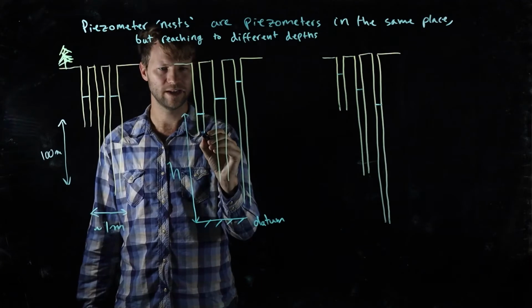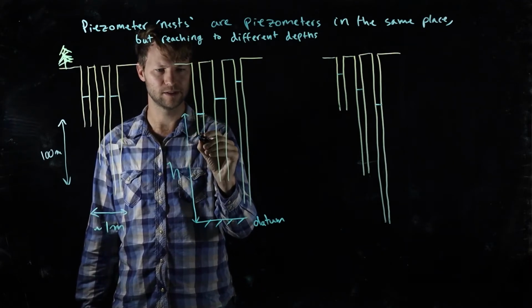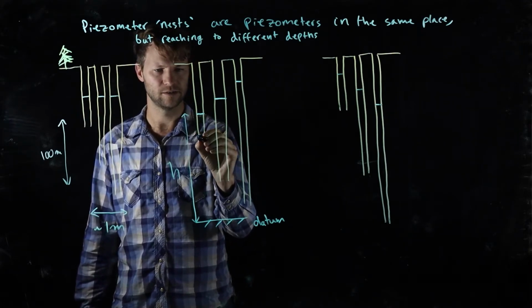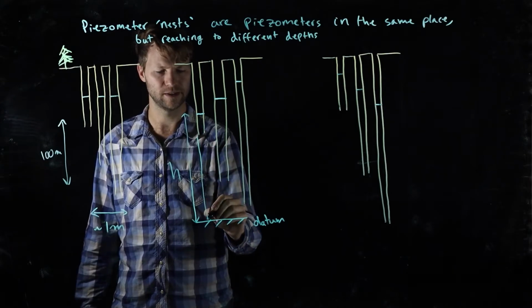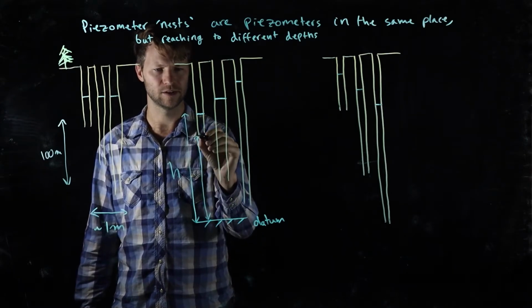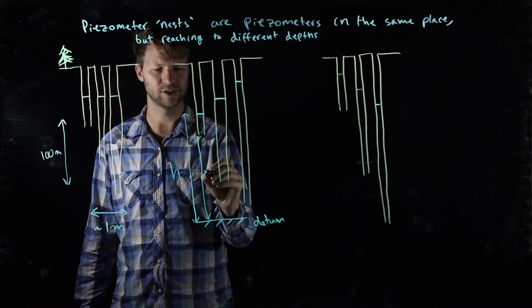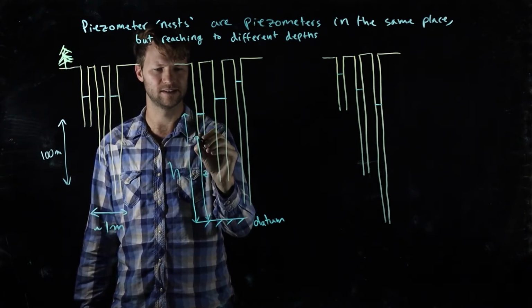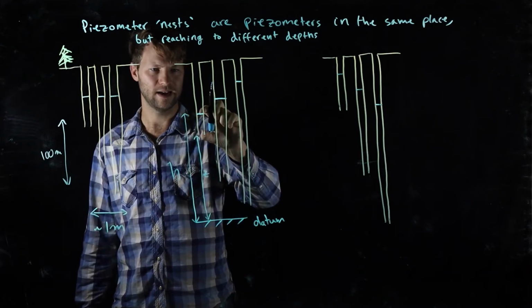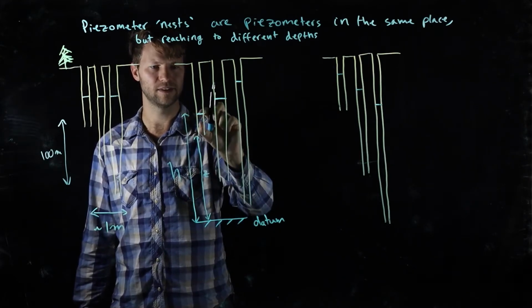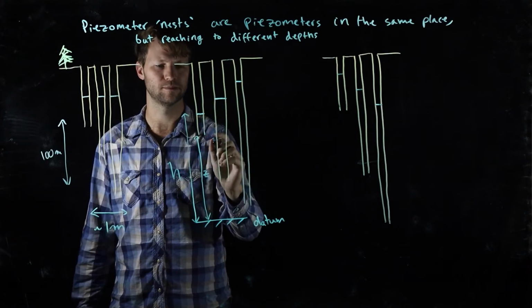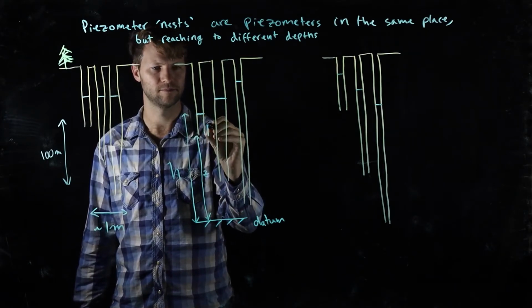But we could also break out 2 different components of head at this particular location. The first is going to be the elevation head. So at the point of measurement, at the bottom of this tube, this is the elevation component of head, Z. But then the height of the water column above the elevation point is telling you what the pressure head component is.